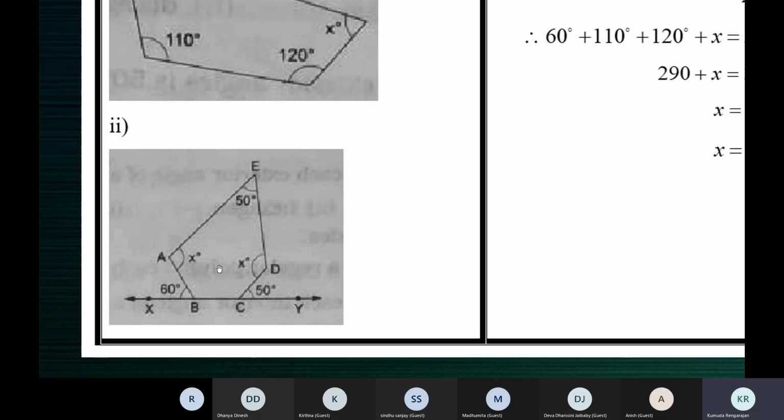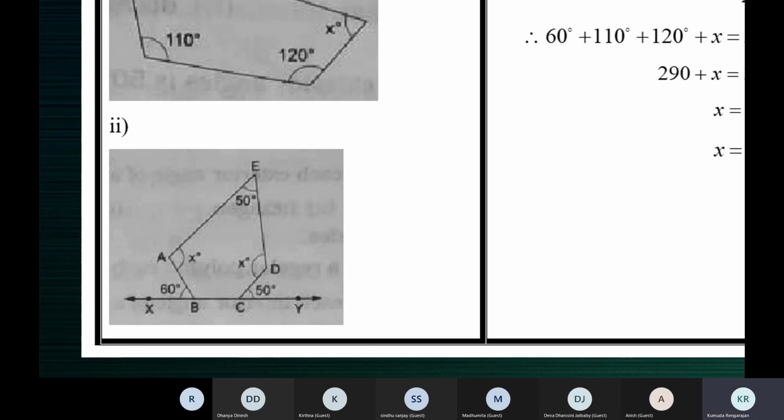The sum of all these angles is the sum of the interior angles. What is the sum of all the interior angles of a pentagon?